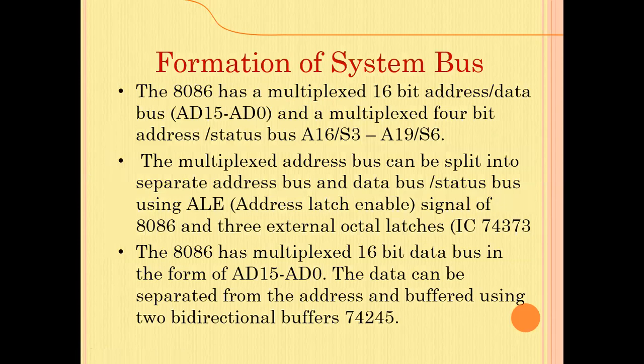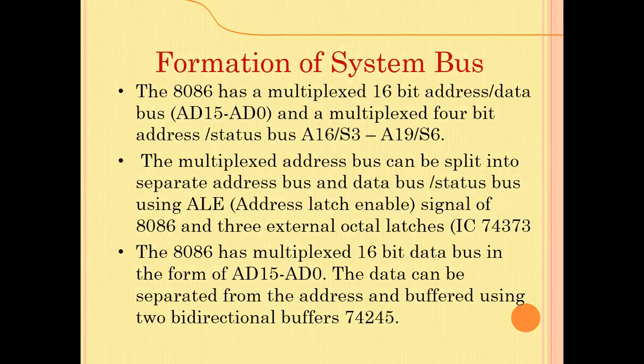Now we'll see how the system bus is formed. You know that address and data are multiplexed to form AD0 to AD15, and address and status are multiplexed to form A16/S3 to A19/S6. By using address latch enable, we can separate the address and data, and the address and status.